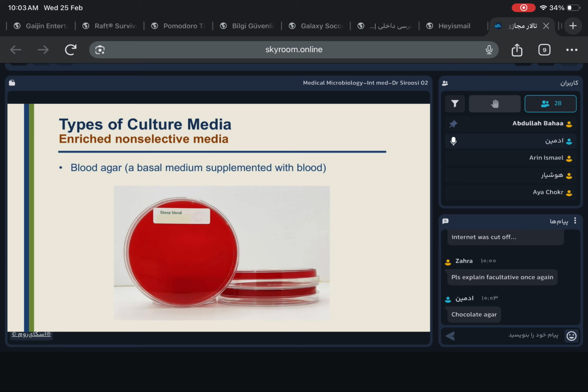So that's why we call this chocolate agar, because the color of this type of culture medium is darker. It's like brown. It has this brownish color. So it contains blood, but it is exposed to heat. If you heat the blood agar, you have the chocolate agar, and again, it's another enriched non-selective medium that is able to support the growth of many bacteria.